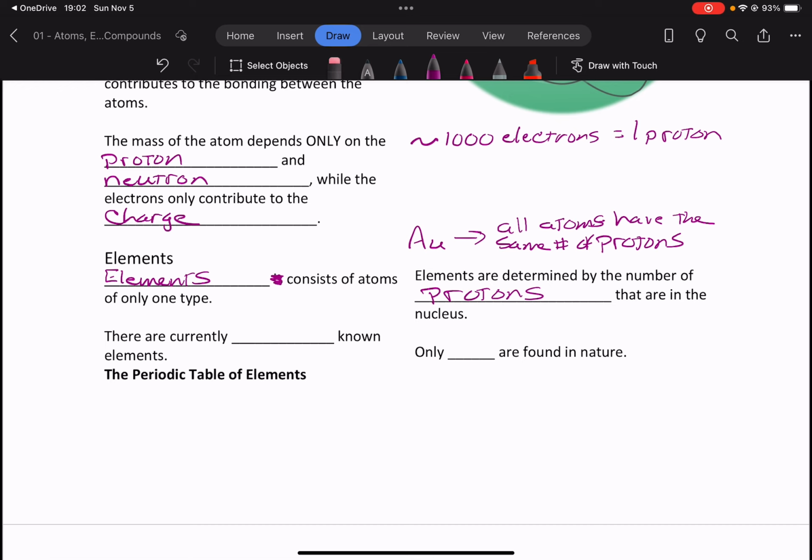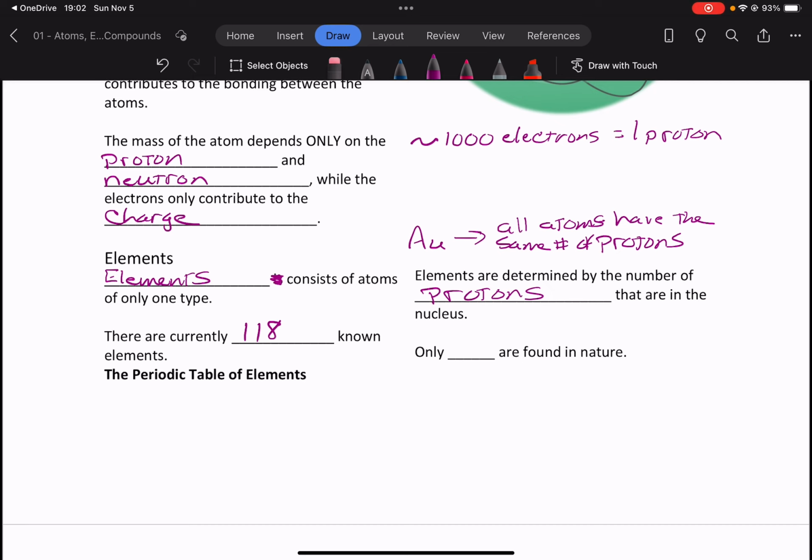Right now, according to IUPAC, which is the official chemistry group, there are currently 118 known elements, with 118 being the most recent one. That was done within the last few years.